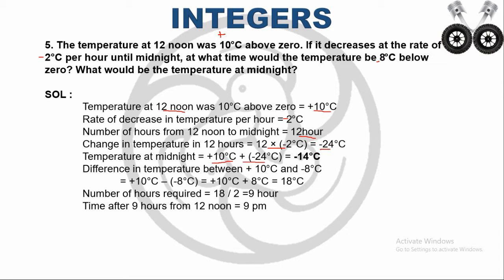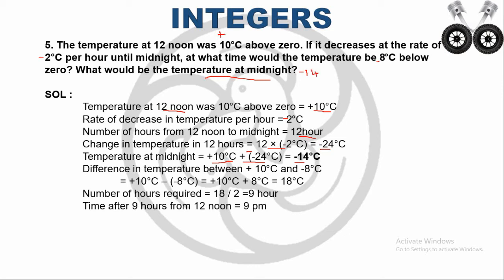Here the two operators are next to each other, that means we have to change the sign. So plus into minus is minus. So plus 10 degrees Celsius minus 24 degrees Celsius. The difference is 14 degrees Celsius. The bigger number's sign is negative, so the answer is minus 14 degrees Celsius. So what is the temperature at midnight? The temperature at midnight is minus 14 degrees Celsius.